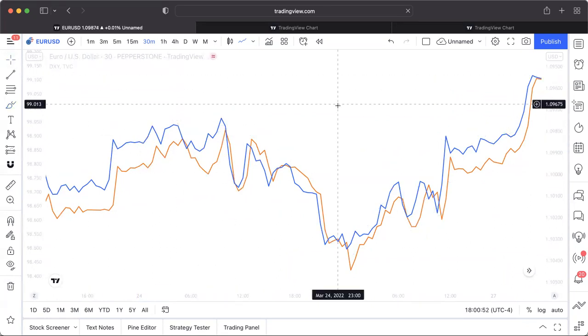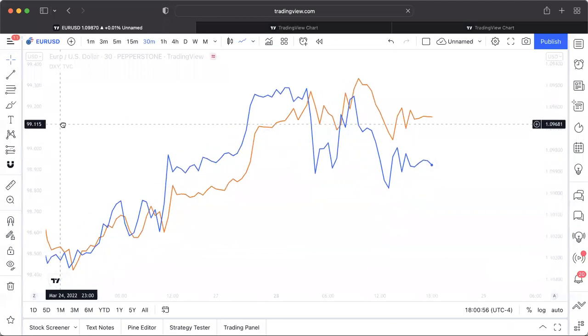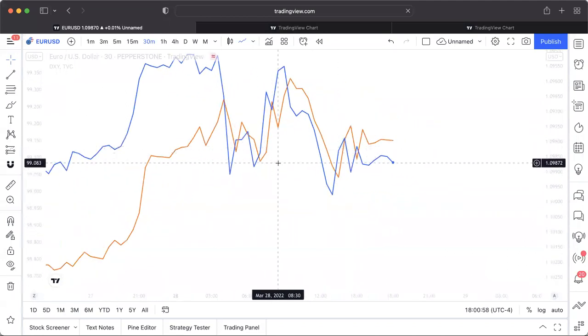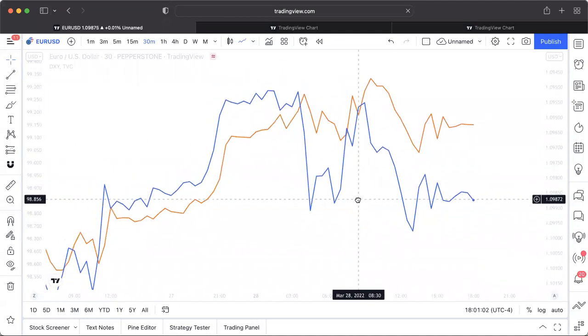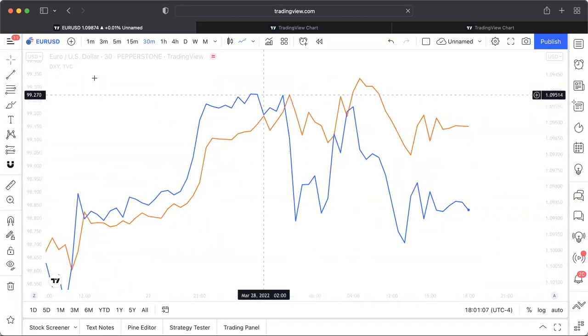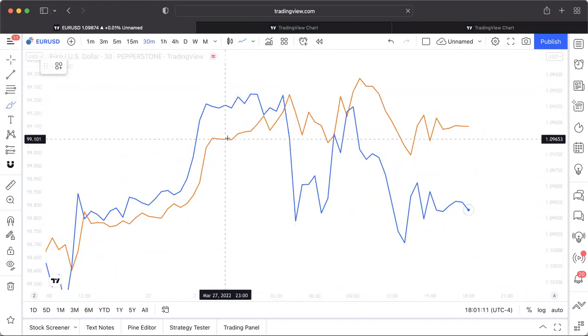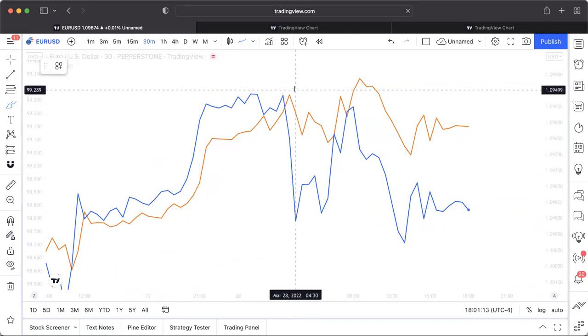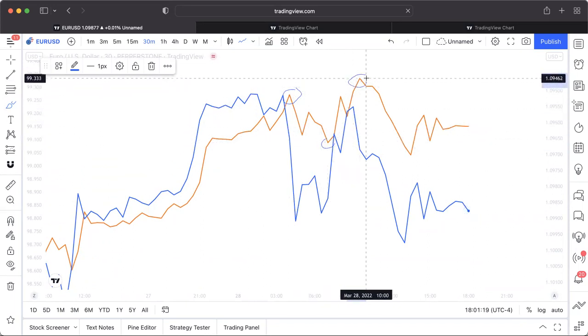But if you look at the SMT, this one, you will see that at this point the orange line, so Dixie, is still creating the highs, right? So it's moving up a high, it creates a low, it creates another higher high.